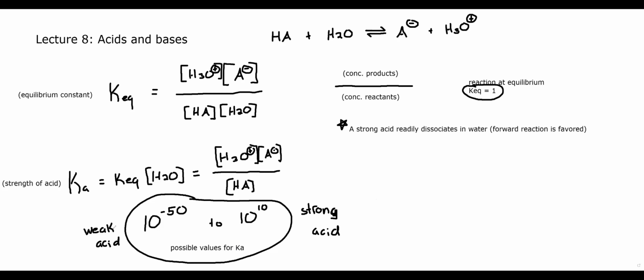Okay, so this would be the range of Ka values that we look for, but obviously we don't want to use these numbers because they are huge. We don't want to work with these big numbers. So what do we do? Well, we just take the negative log of the Ka. And remember, when you take the logarithm, you essentially take this exponent and turn it into a base number. And if we take the negative of it, we just simply switch the value.